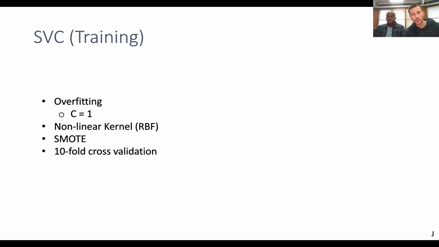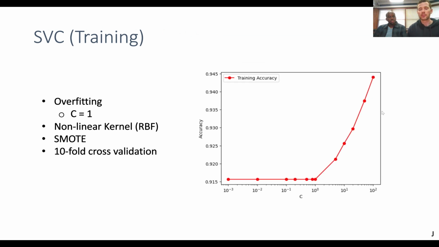All right. So our best performing model was the support vector classifier. I'll go into a little bit more detail, starting with the training. I wanted to prevent overfitting of the models, so I did hyperparameter optimization, and I plotted this training accuracy curve based on the C value. You'll notice here it's relatively constant until the hyperparameter value reaches 1, and then it increases, indicating that overfitting was occurring.